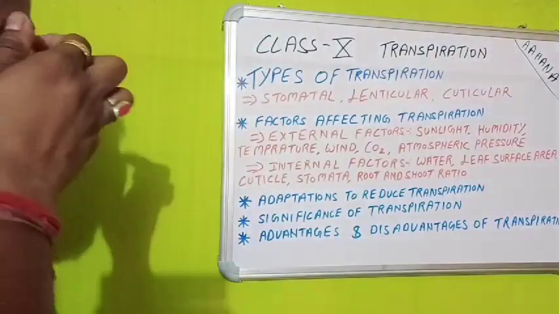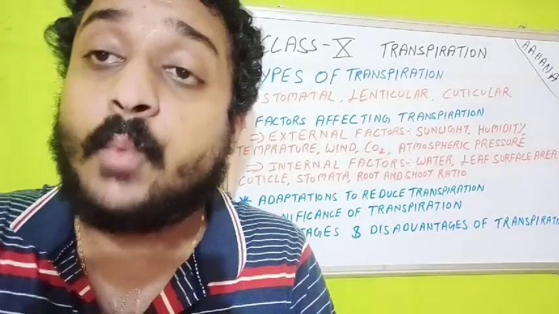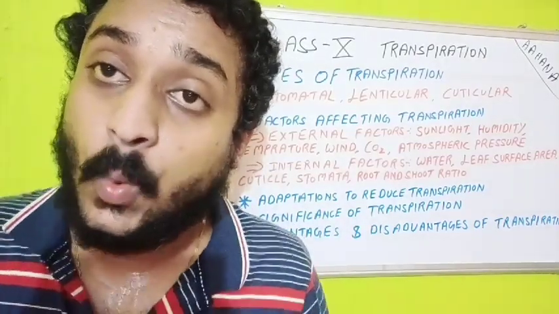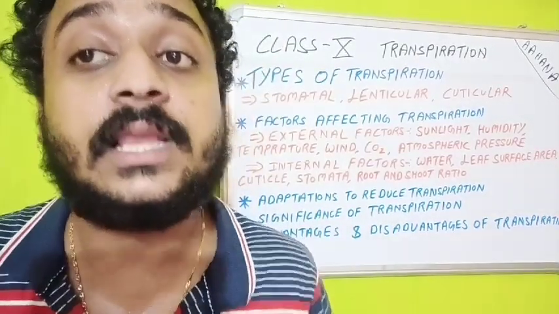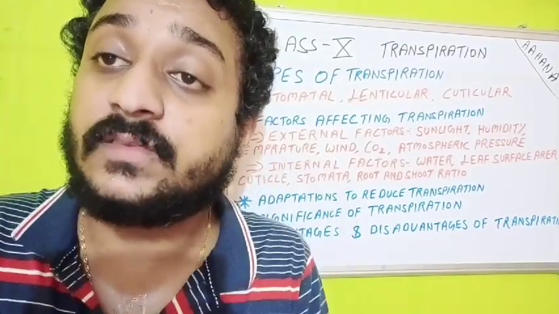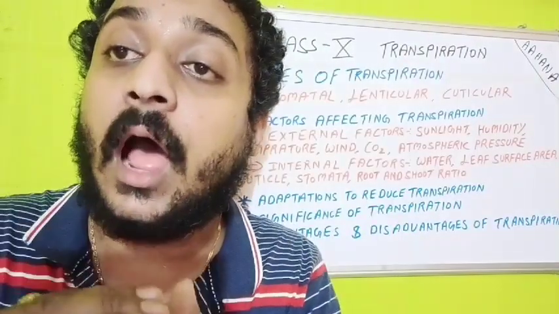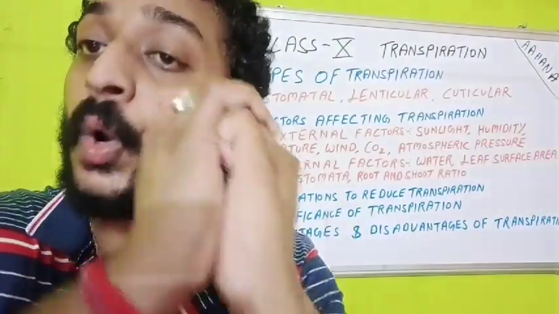Now next is humidity. What is humidity? Humidity means the moisture in the atmosphere. When the moisture in the atmosphere increases, of course the atmosphere is already having moisture, so it cannot accommodate any more moisture, so it will allow the stomata to be closed.